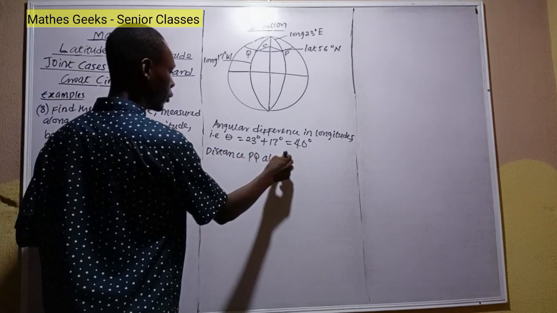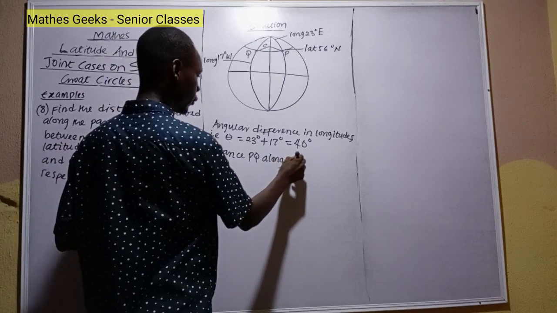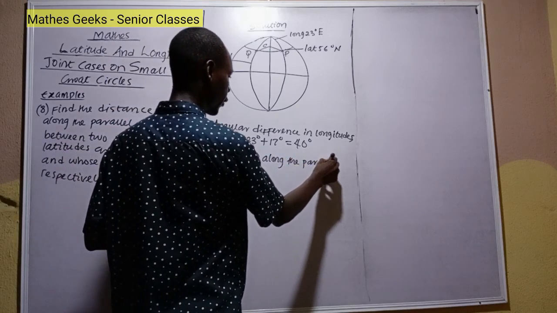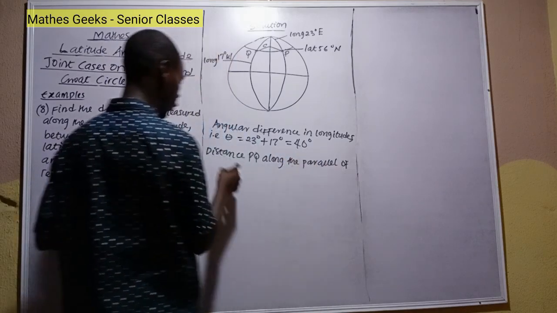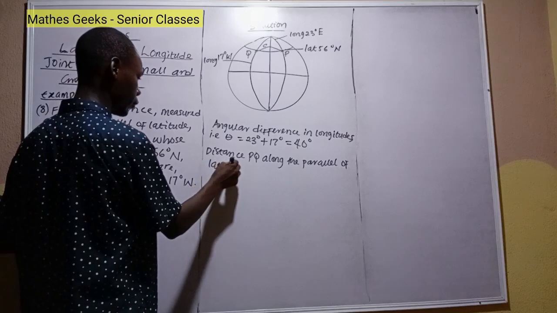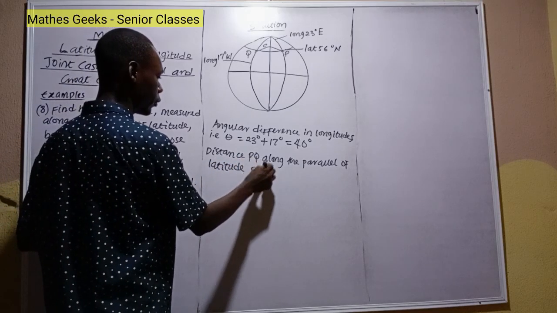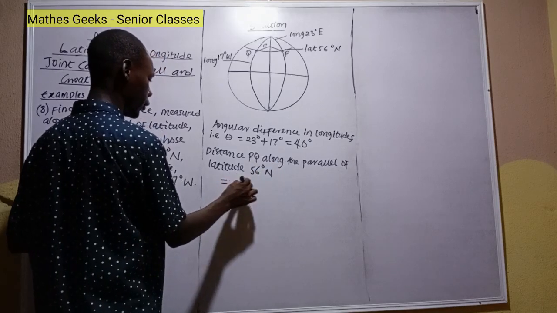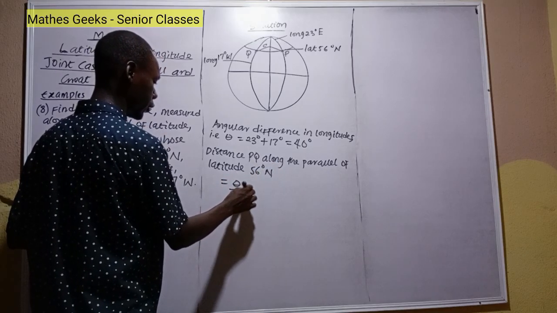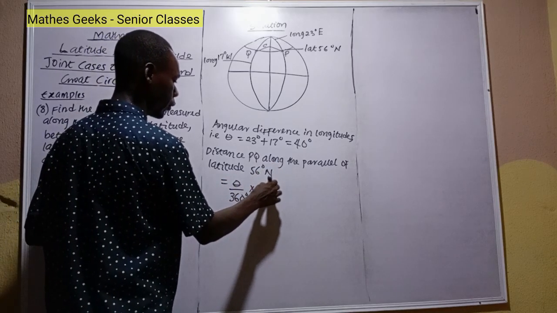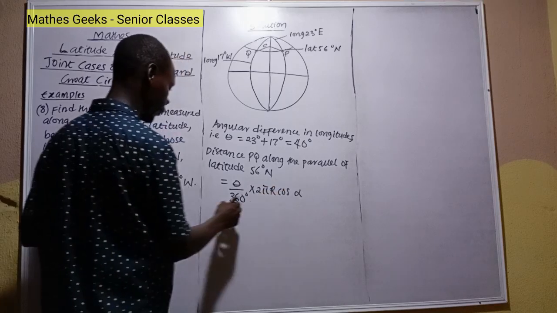The distance PQ along the parallel of latitude 56 degrees north is equal to theta over 360 degrees times 2 pi r cos alpha.